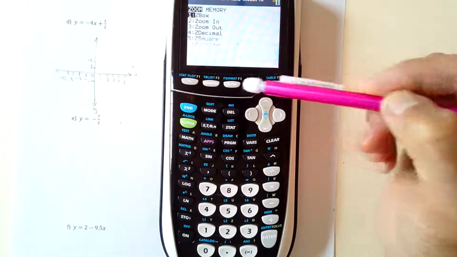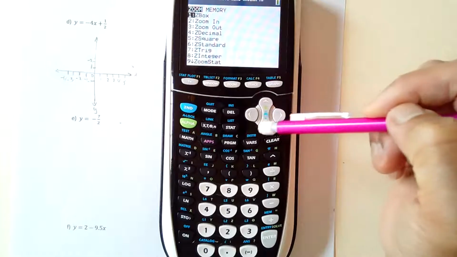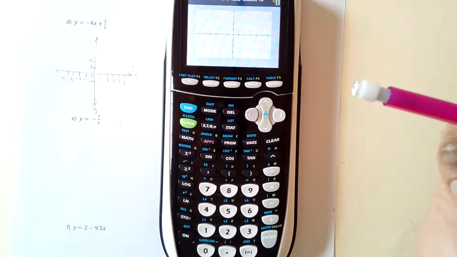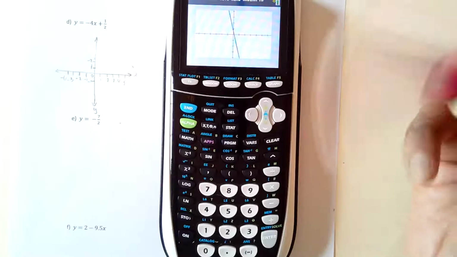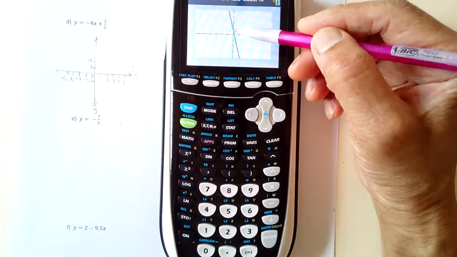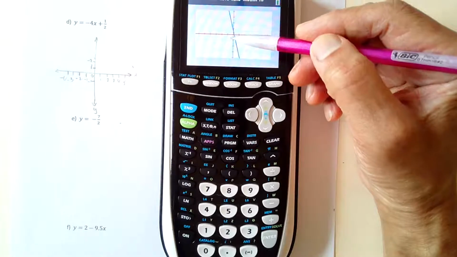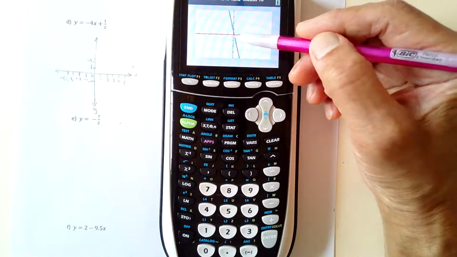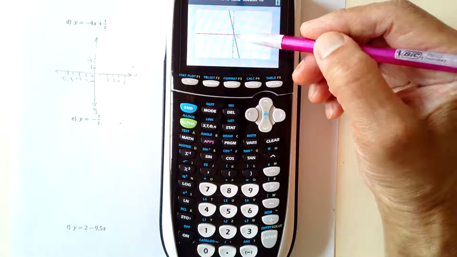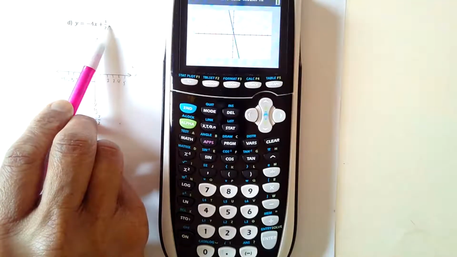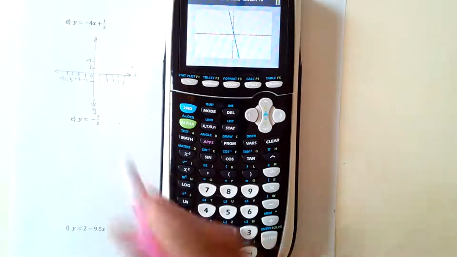So I can go to zoom and press decimal number 4, and that will zoom a bit closer. From here, you can estimate that the y-intercept is between 0 and 1, and the x-intercept is between 0 and 1. Now, we know it's a half from our equation, but we'll confirm that.